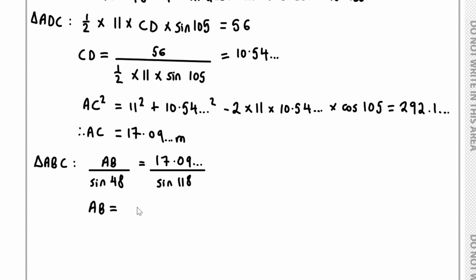So AB is equal to 17.09, etc. times the sine of 48 divided by the sine of 118.